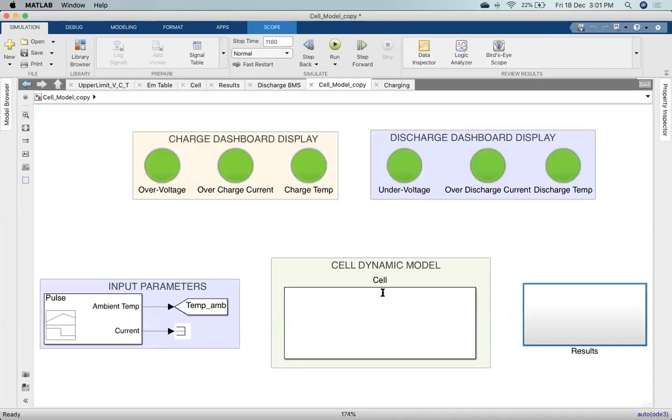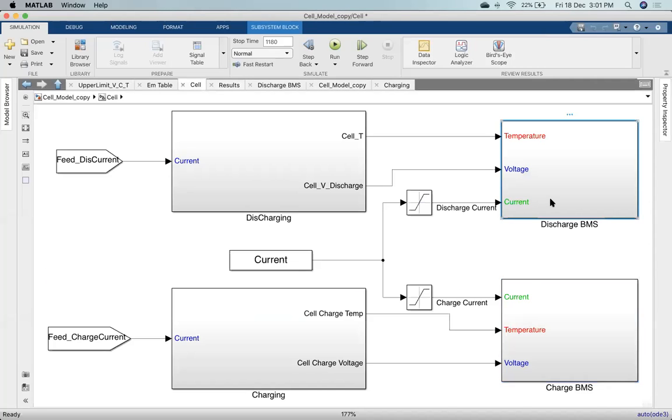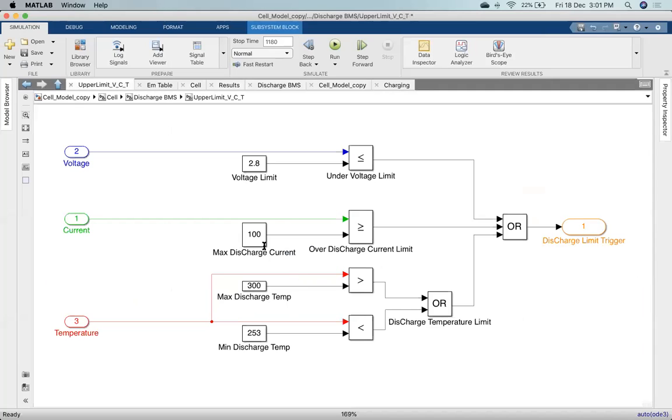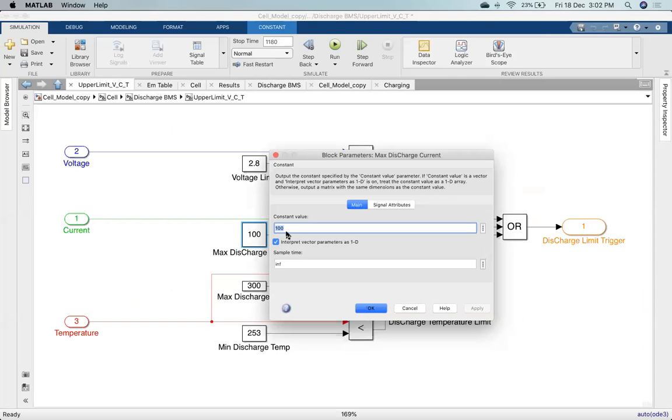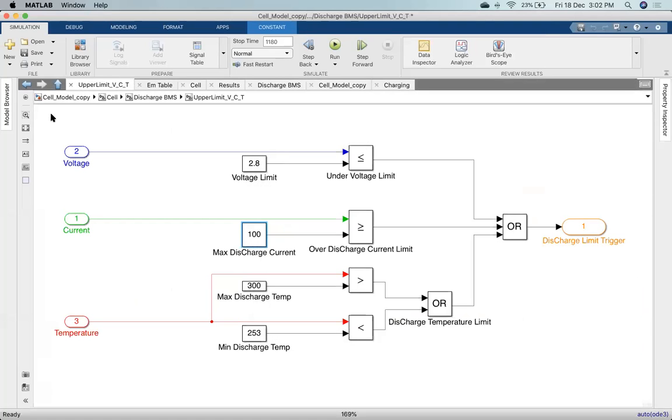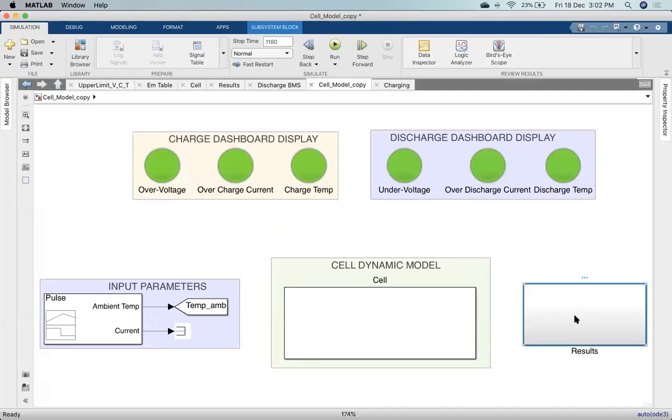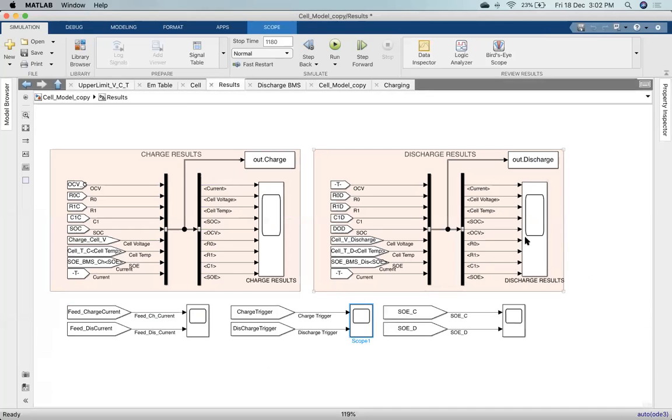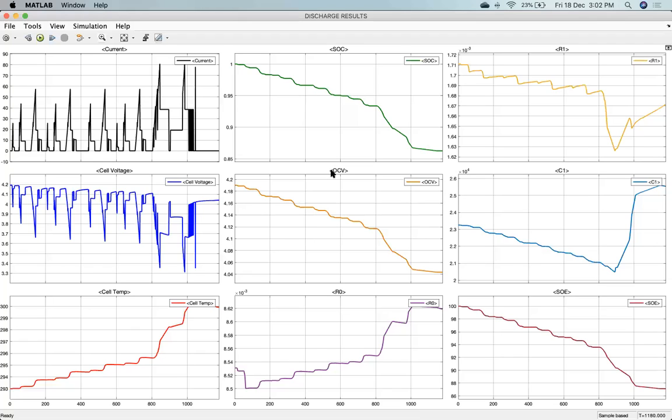And if you want to do it in the discharge BMS, yeah, we can do that also. So what I will do is, instead of keeping it as 100, before going over here, I'll first show the results of discharge. If you look over here, it is reaching almost 80.